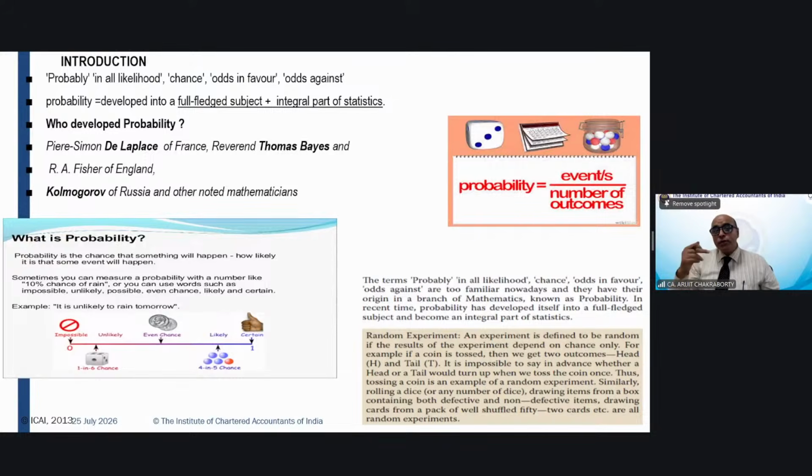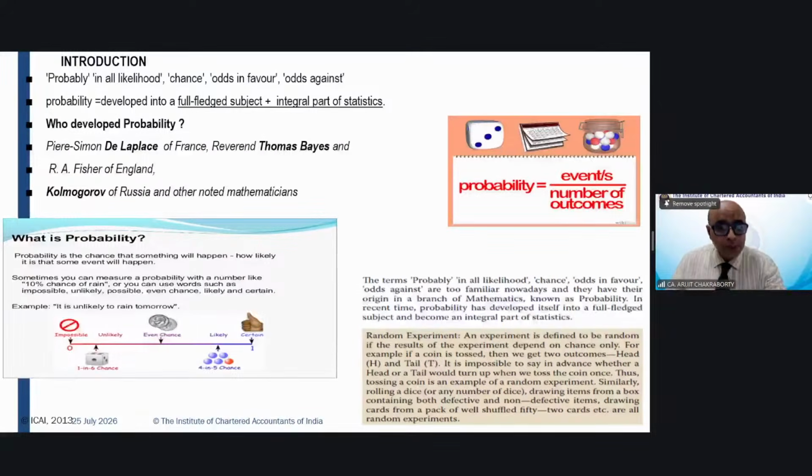So how many events will go in your favor? There are 6 good items. So if you select any of the 6, you will be able to meet the requirement of the question. That means you can draw an object from the box in 6 ways.